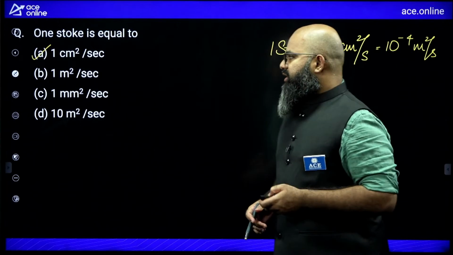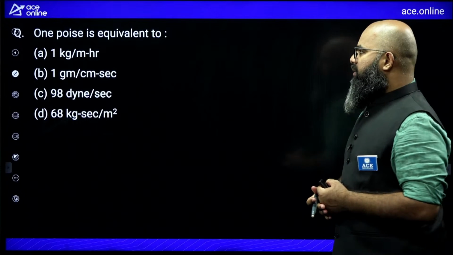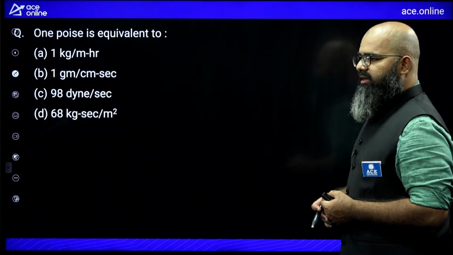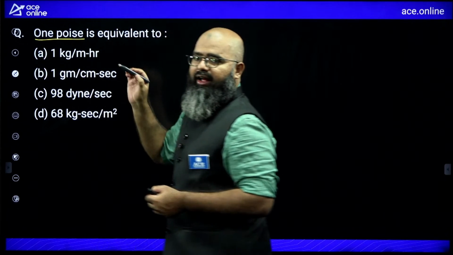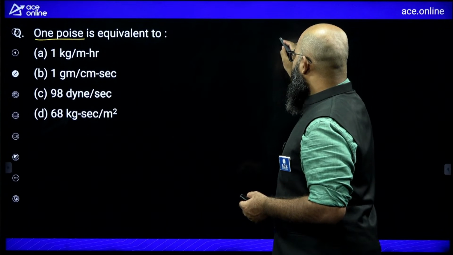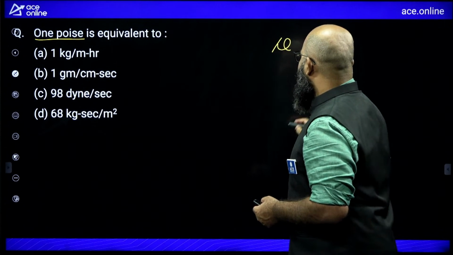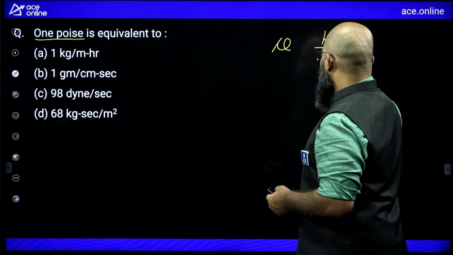Moving further to the next question. Now you see, this again is a question on units. 1 poise is equivalent to how much? Now 1 poise, this is the CGS unit of dynamic viscosity. If you remember dynamic viscosity, it is given by mu. The units of this thing are kg per meter second. This would be your SI unit.